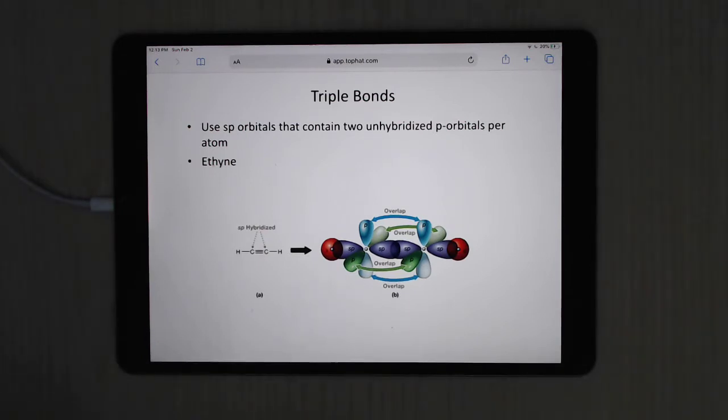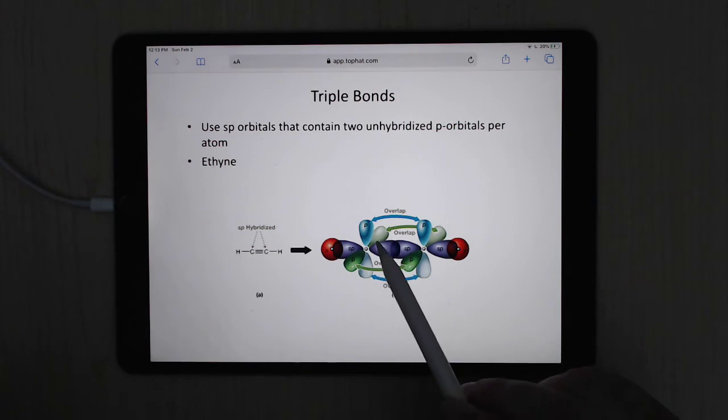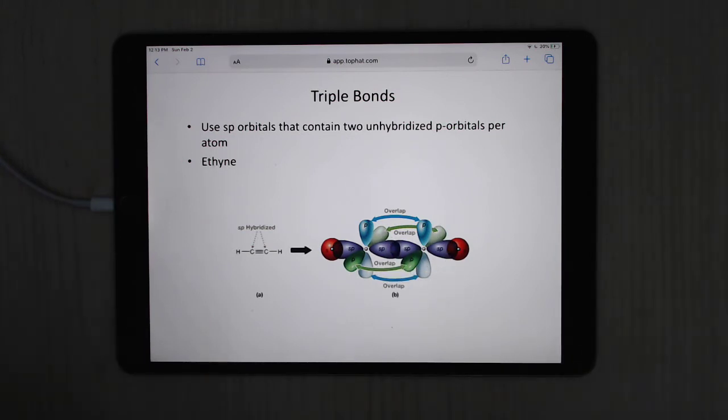Now with triple bonds, it's similar to the double bond, except now you've got a second set of p orbitals. If you only have sp hybrids, the other two orbitals on that atom are going to be unhybridized.